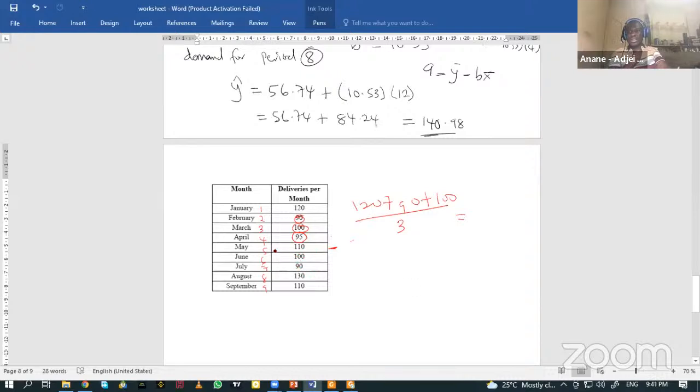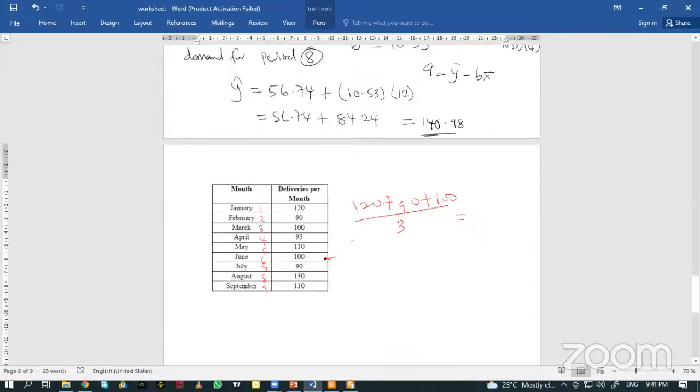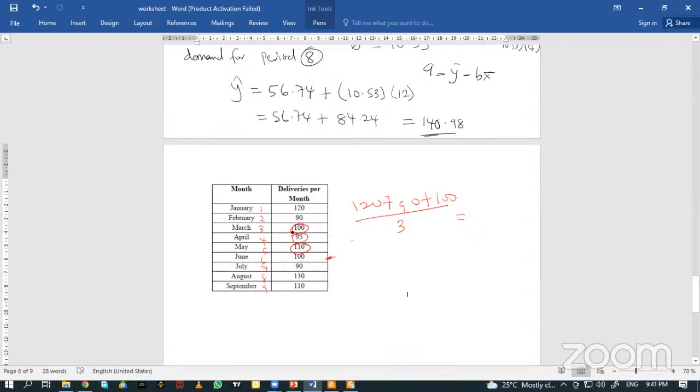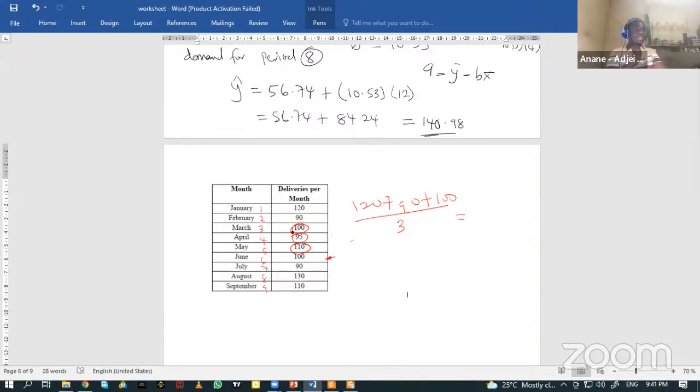So to get for the fifth month, we will use April, March, and February to do that. And also to get for the 6th month, if we are calculating for the 6th month, which is this one, we will need the 5th month, the 4th month, and the 3rd month. Okay, in that order. Yes, in that order. Thank you.